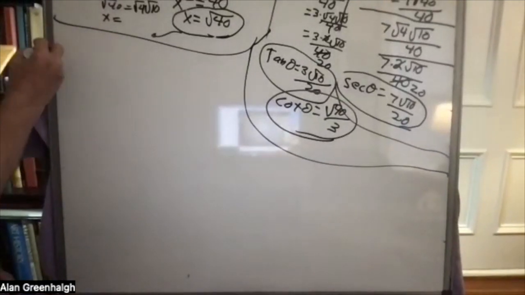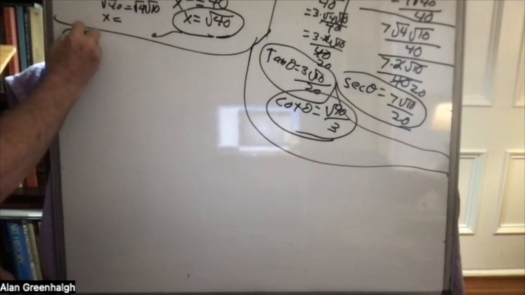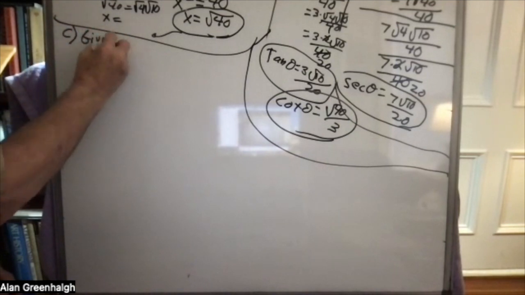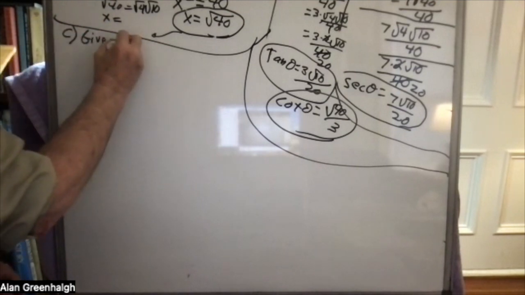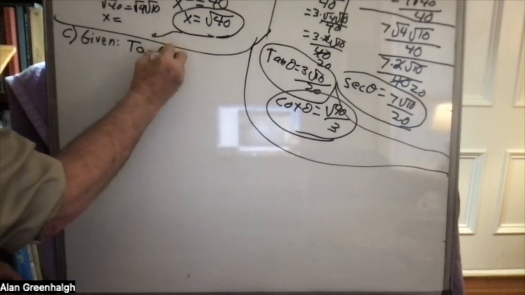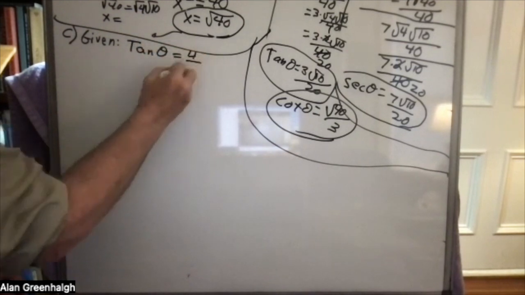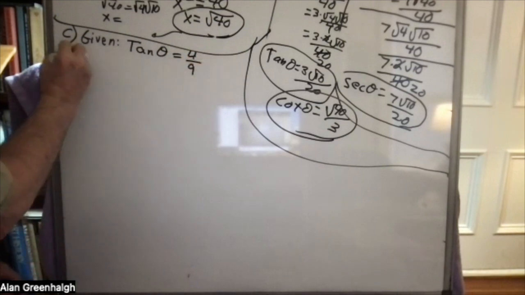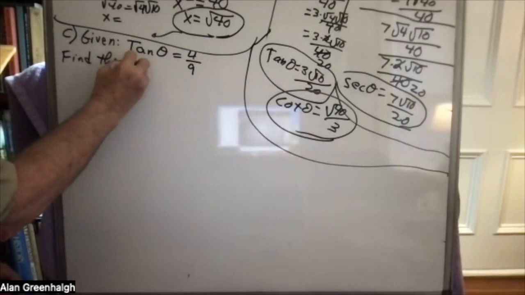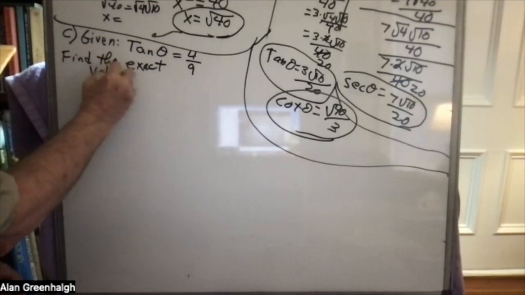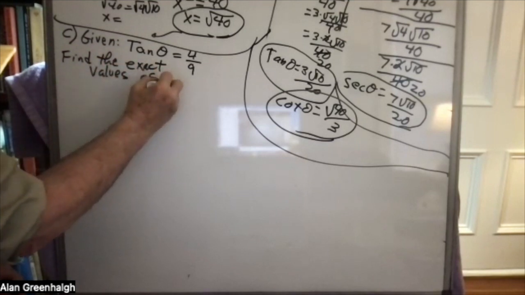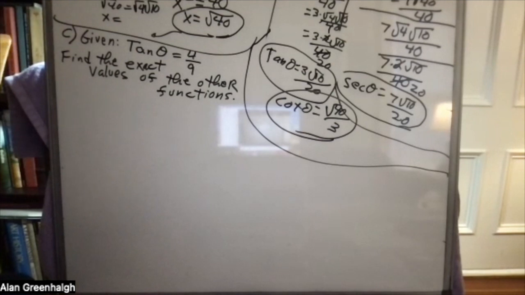Okay, so question, let's call this part C. Given that, let's say, the tangent of theta is 4 over 9, find the exact values of the other functions.